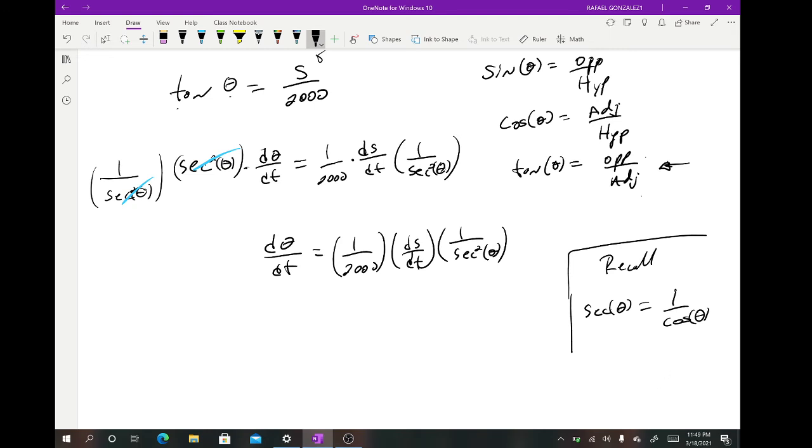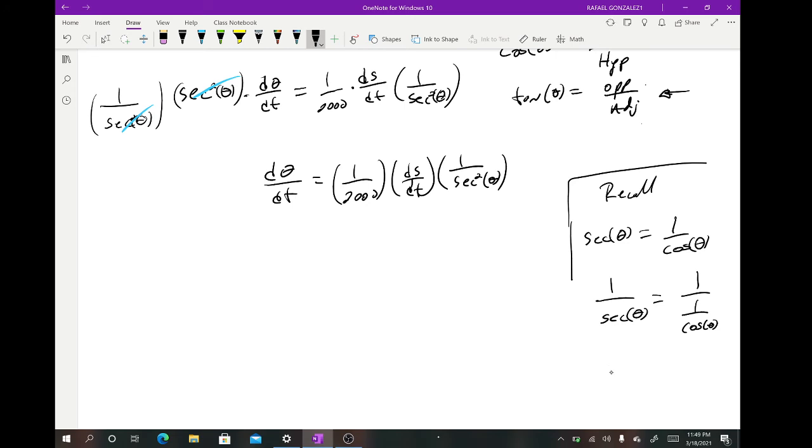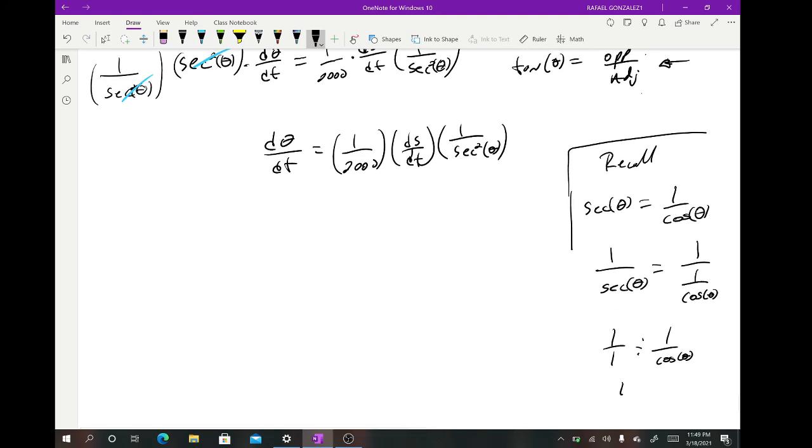So if I have 1 over secant of theta, what I really have is 1 divided by 1 over cosine of theta, which is the same thing as 1 times cosine of theta by the keep change flip method, so we simply get cosine of theta.